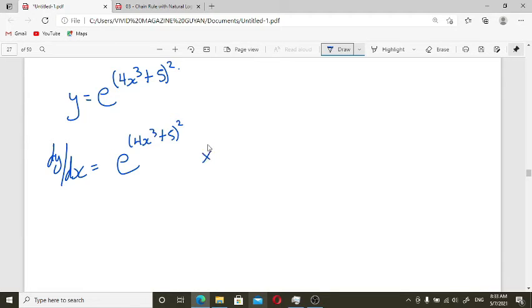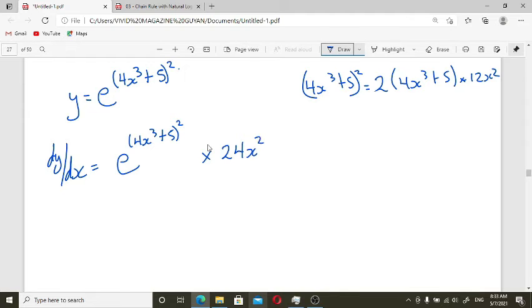Now you have the derivative of 4x cubed plus 5 squared, which is going to be 2 times 4x cubed plus 5 times 3 times 4, which is 12x squared. So you just use your normal chain rule there. So 12 times 2 is going to give me 24x squared.